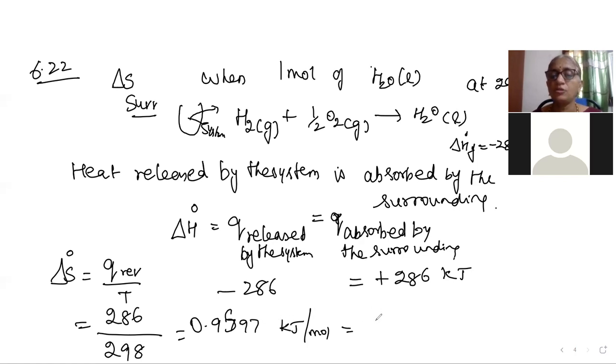So 0.9597 into 1000 means 959.7 joules per mole.